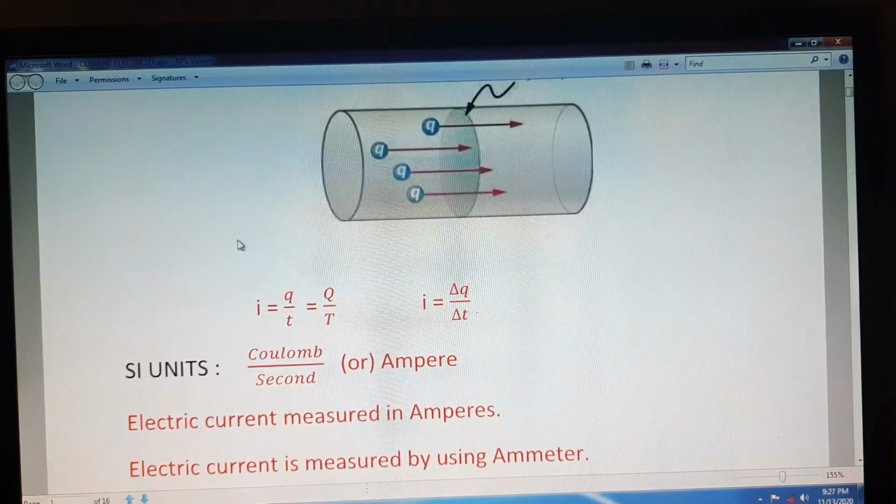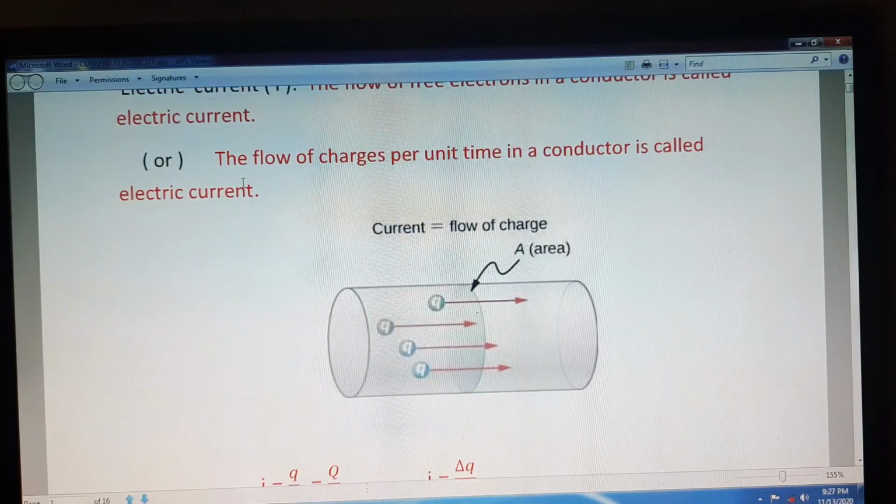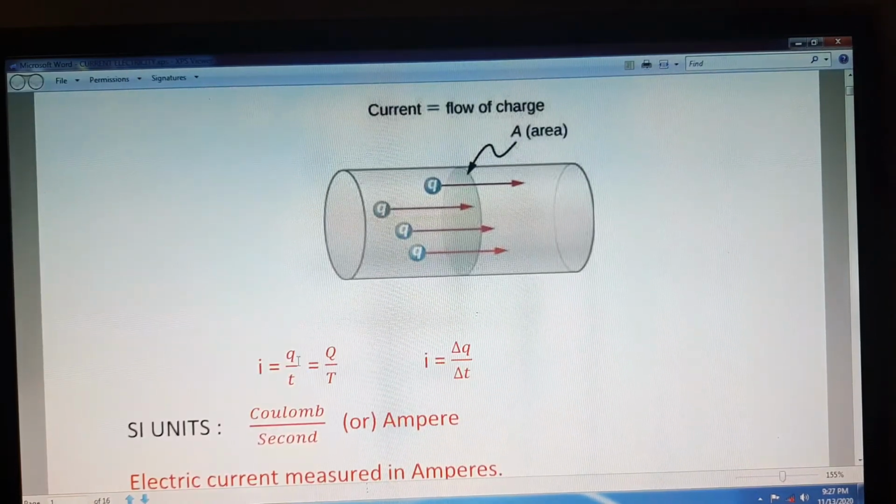From the second definition, the flow of charges per unit time, I is equal to Q by T. It is called the mathematical form of electric current, and sometimes we denote it as I is equal to delta Q by delta T or dQ by dt. This is the mathematical expression of electric current.